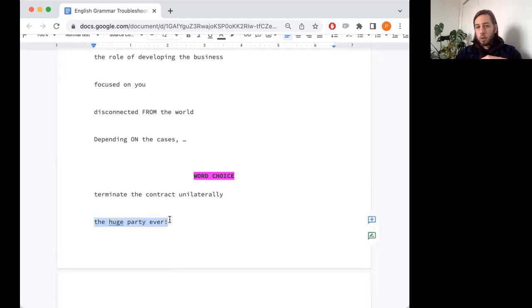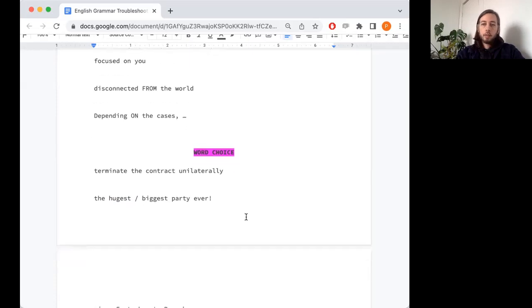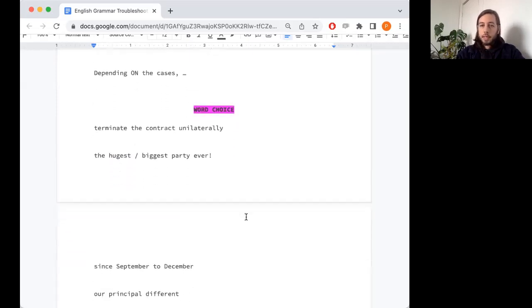Number 2, we'll say here the hugest party ever. This one is your superlative. Huge, huger, the hugest. You could also say the biggest. That superlative takes the with the est.